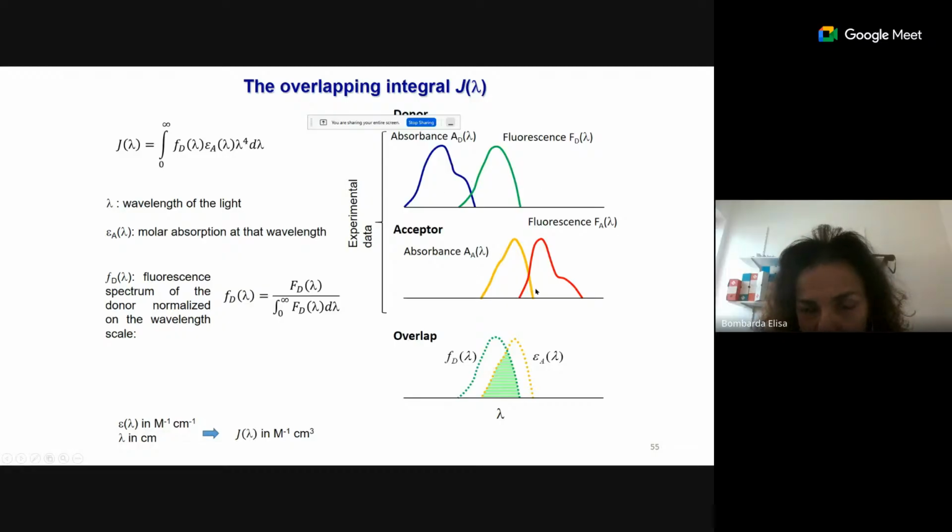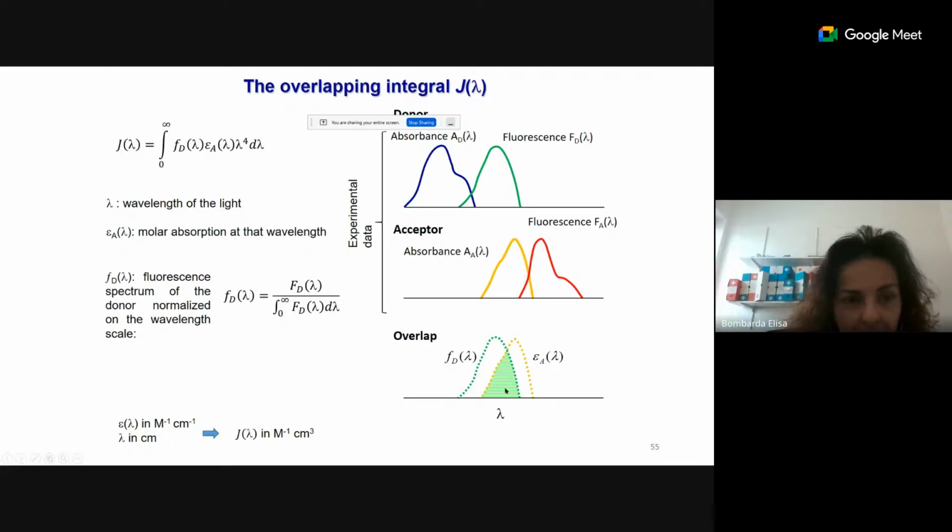These spectra are taken in absence of the other, the donor alone and the acceptor alone. That's their characteristic, and one sees that there is actually an overlap. The overlap is this one.